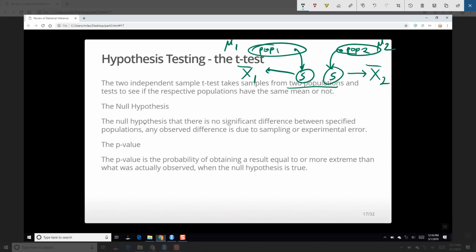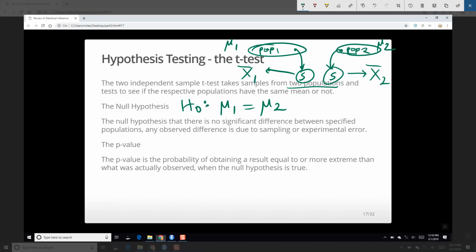The null hypothesis is that there's no significant difference between the specified populations. Any difference is due to sampling error or experimental error. So we have mu1 is equal to mu2. That's going to be our null hypothesis.